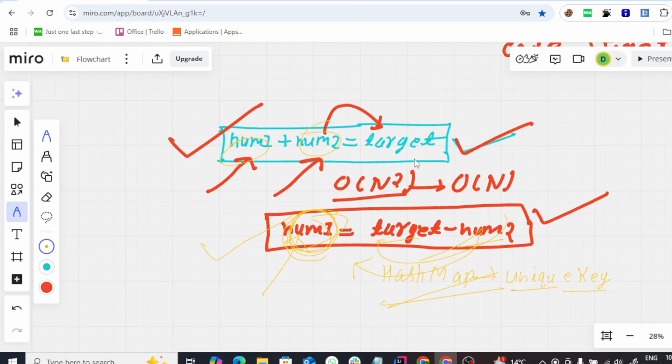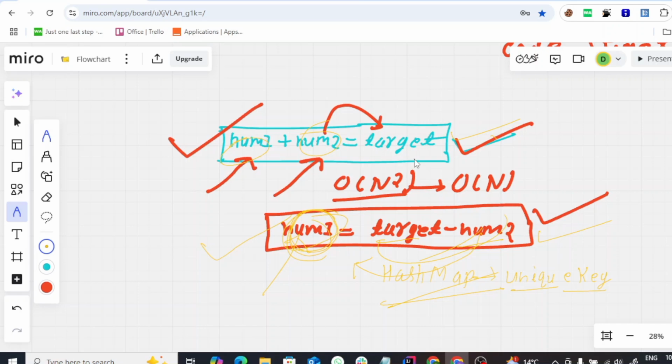Now, guys, you have to write this equation in the interviews. You have to tell them, hey sir, I modified this equation into this equation, and after that I observed that I can use a hash map to solve this problem. Why am I using a hash map?